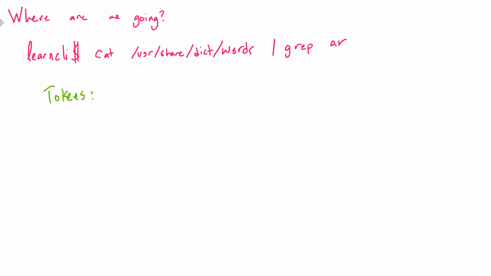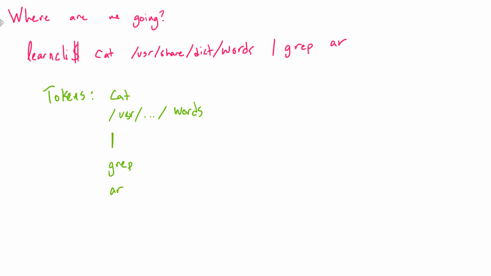And so our tokens in this case would be, say, cat, and then this path. I'm not going to write it out completely. And then a vertical bar for the pipe, and then the word grep, and then the word AR, right?